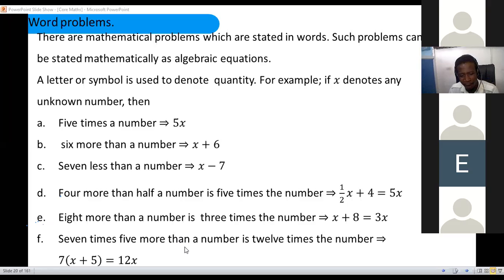Let's consider that one first and leave the 12 times the number, because that is simple for you, as you told me. 7 times 5 more than a number. So first we consider 5 more than a number first, because it's 5 more than a number that is multiplying the 7. So when we say 7 times something, the something here is 5 more than a number.